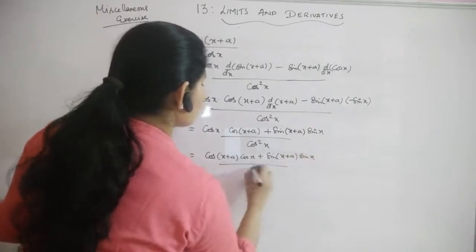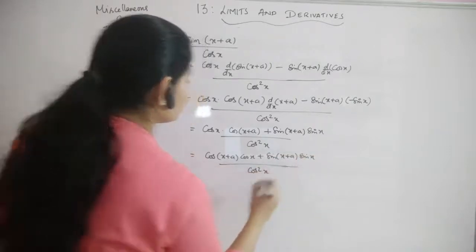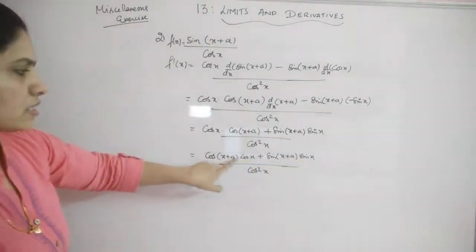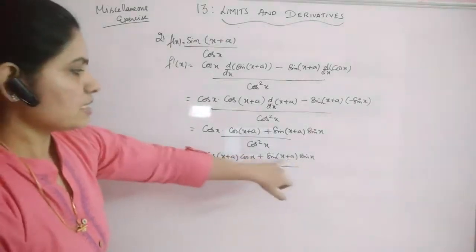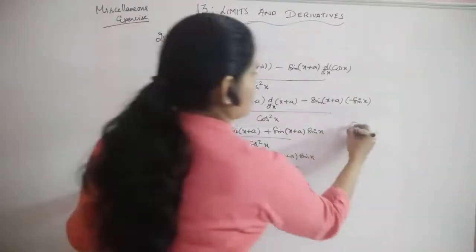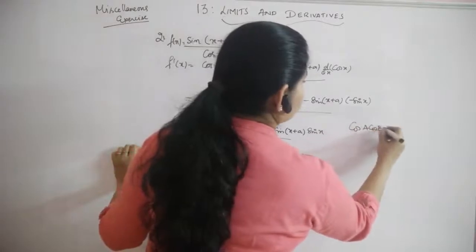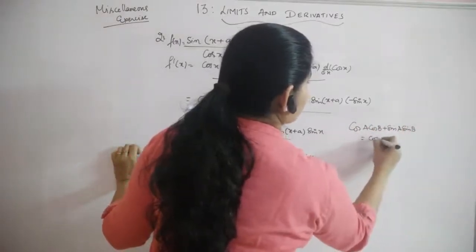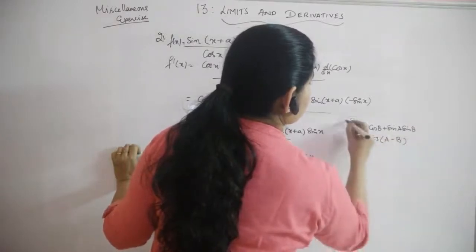Just see which form this is? Cos a cos b plus sin a sin b. See the angle? Cos a cos b plus sin a sin b. So what is that? Cos of (a minus b).